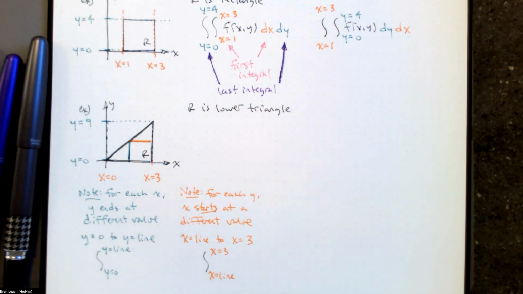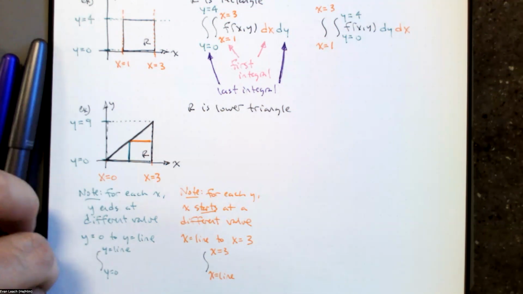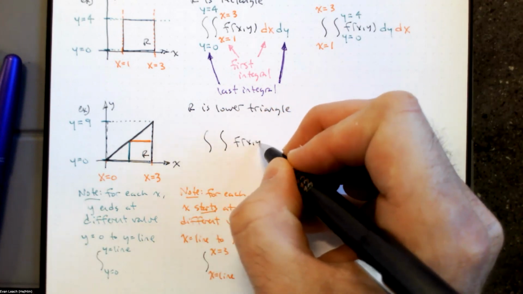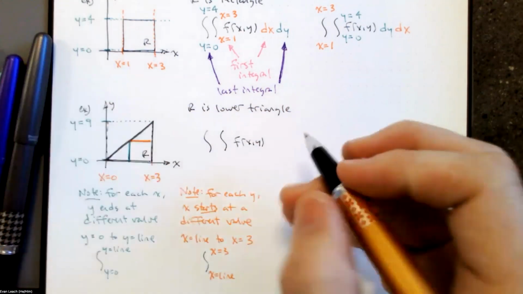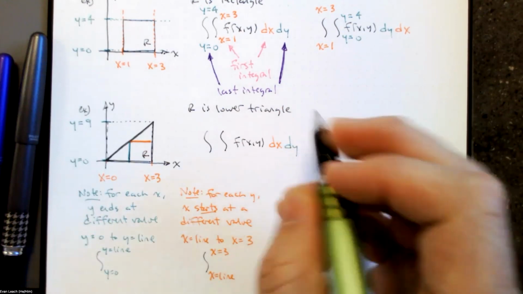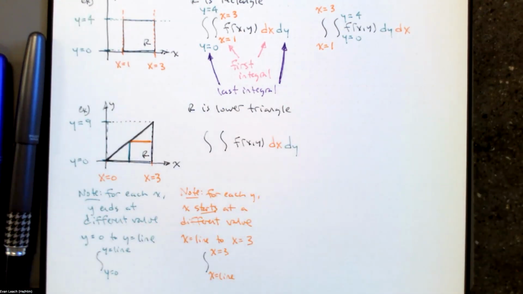What's x between? What's y between? There's one more rule that we need to have before we can write this double integral. The last integral has to be between constants.